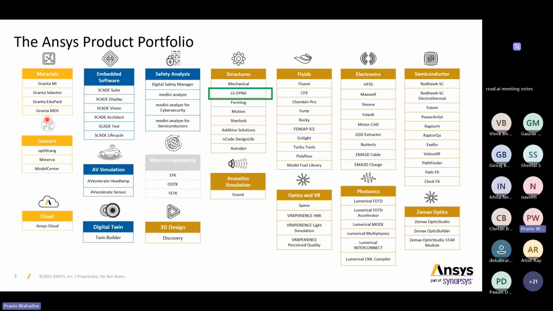The Connect tool consists of three different software: OptiSLang, Minerva, and ModelCenter, which help with connectivity. We can also talk about Ansys Cloud, but we'll have separate webinars for these tools. Today we'll be focusing on LS-DYNA only.